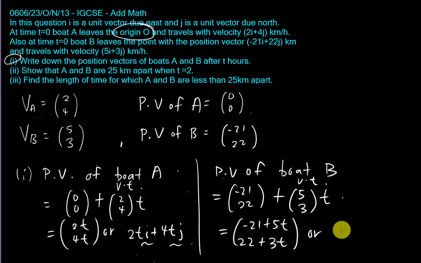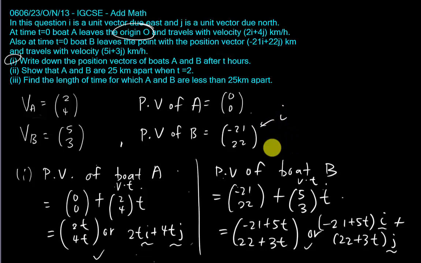Or if you write in i and j terms, negative 21 plus 5t, make sure you do the bracket, i plus 22 plus 3t j. Both are correct, but I prefer the first method because overall it looks simpler. If you write like this, you have to know the top represents i and the bottom represents j. Alright, we're done with the first part.